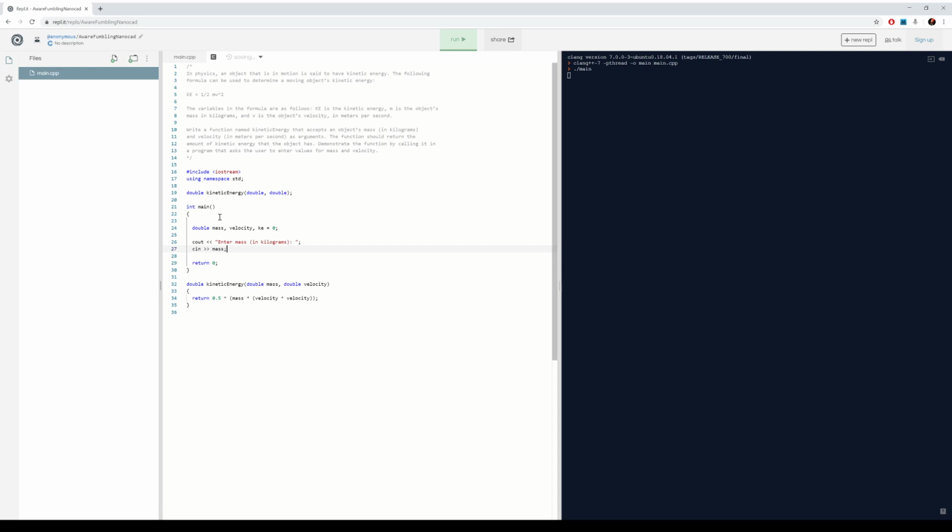We're going to put their answer into the mass variable, and again, we're just using numbers. We're not inputting strings, so we don't need to use getline. Now let's grab the velocity. Enter velocity in meters per second. cin velocity.